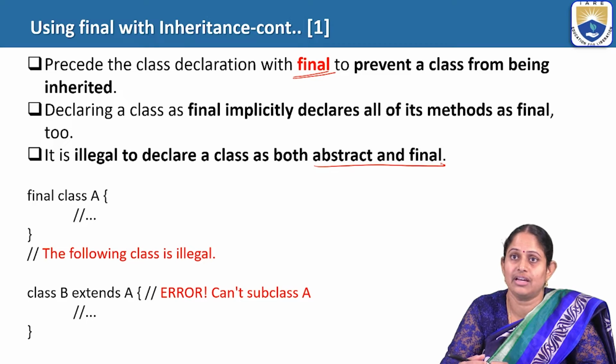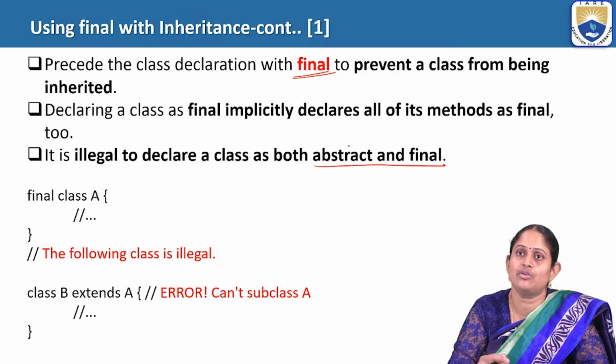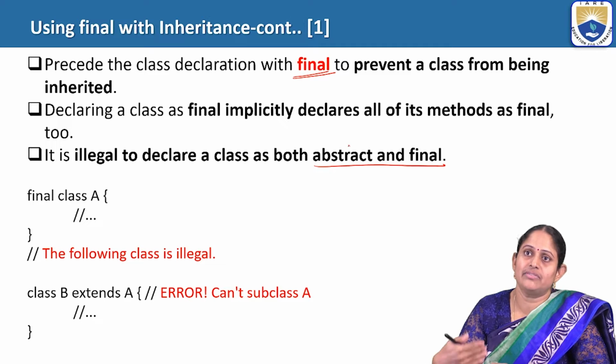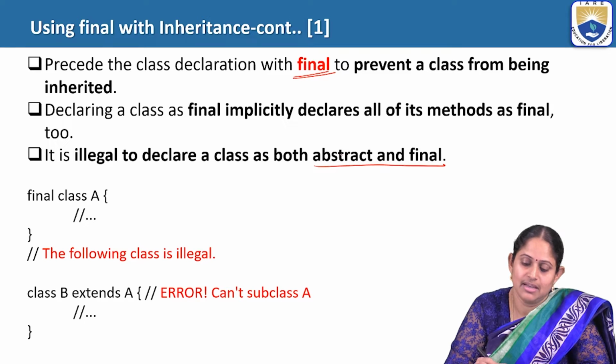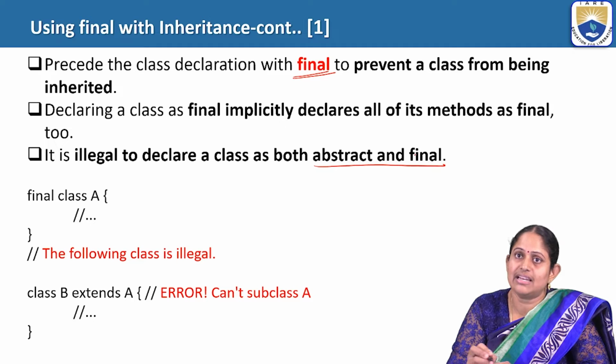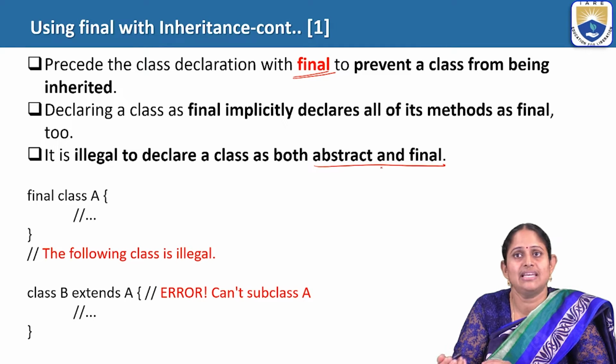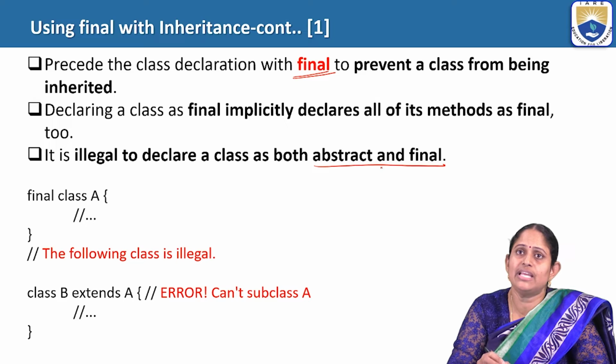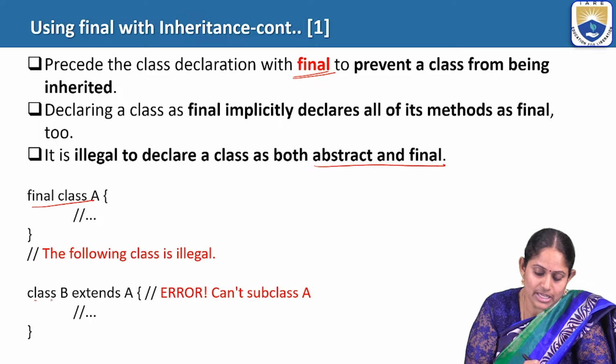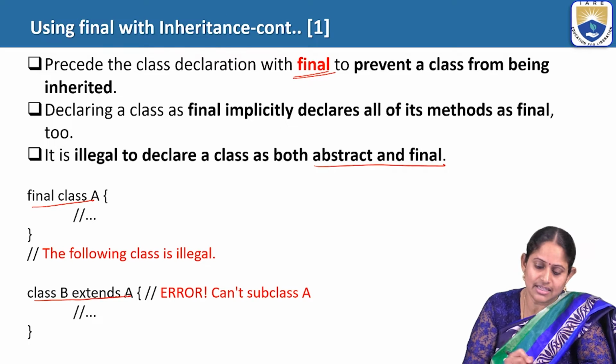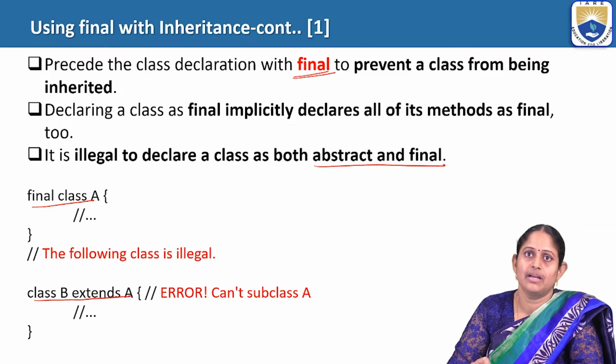Because if we are making use of an abstract class, then you have to override the abstract method defined inside the abstract class. So you cannot declare a class both as abstract and final. When you declare any class as final, it prevents inheritance. So from a final class, you cannot extend another class, which is illegal.